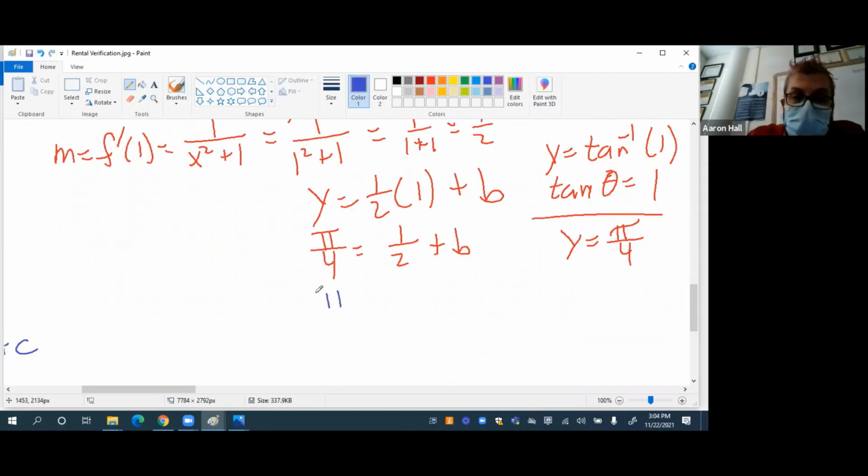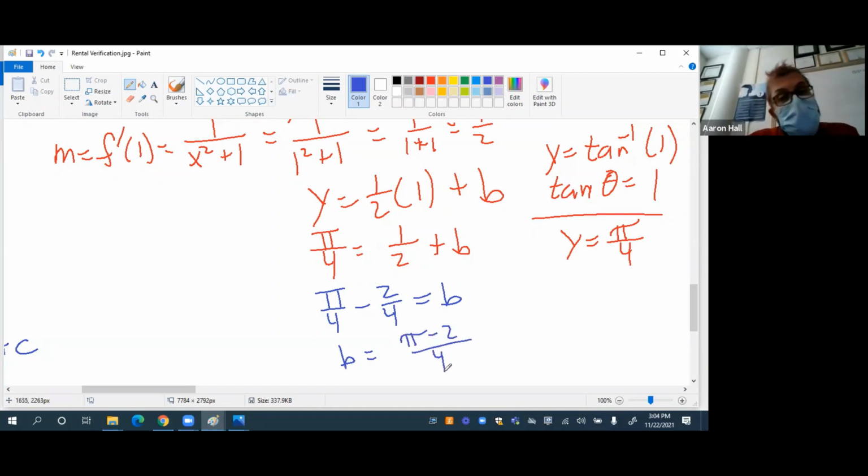So I have pi fourths minus, and what's the rule when we add or subtract fractions? Yeah, so 1/2 is the same thing as 2/4, equals b. So b equals what? Pi minus 2 over 4. Does that look right to you?